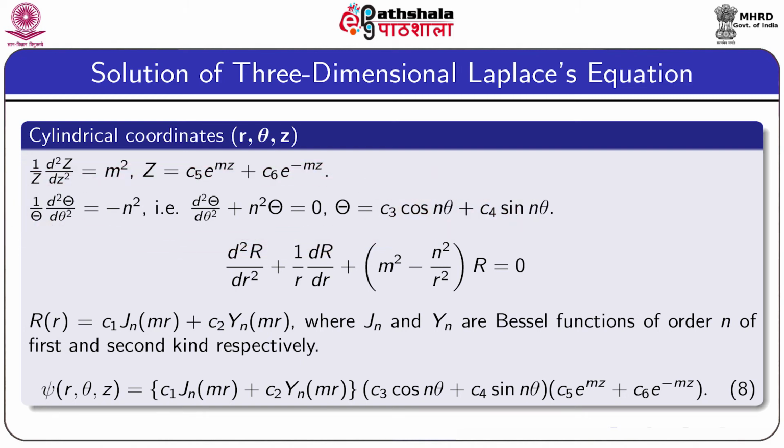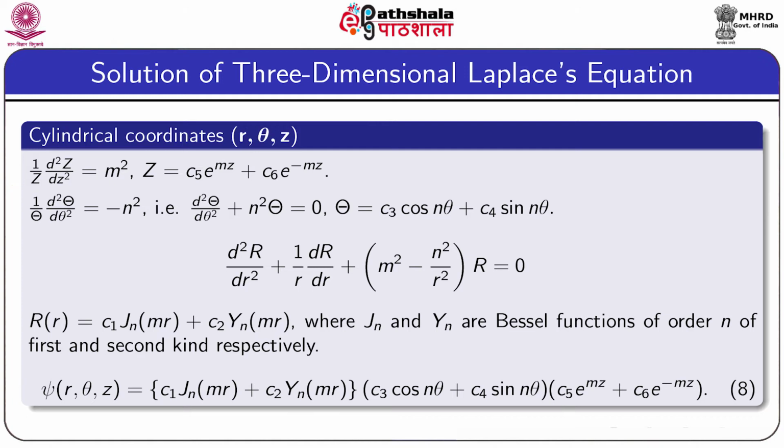So, the equation for theta becomes d²Θ/dθ² plus n²Θ equals 0, and its solution is Θ equals C3 cos nθ plus C4 sin nθ, where C3 and C4 are constants.